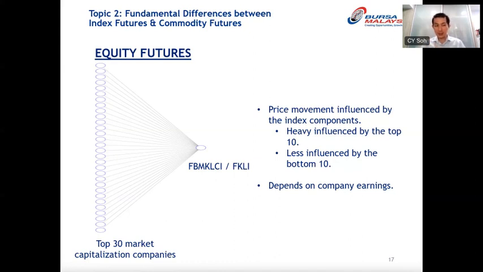Besides that, the index depends on company earnings. So if the general market participants perceive that the market or the economy is improving, then the index will generally go up. On the other hand, if they perceive that the economy is weakening, then the index will definitely come down.